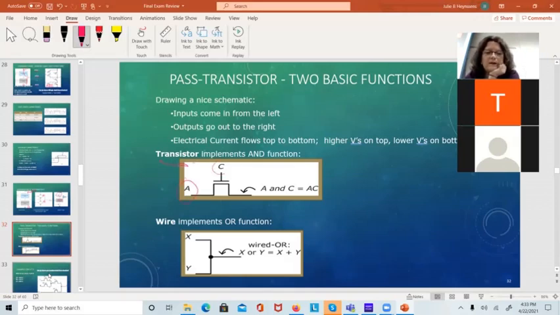What's on the drain and what's on the gate gets ANDed together, AC. It's not inverting. There's no bar on this. If I want to OR something, I just tie the 2 outputs together. It's called a wired OR. So can you draw circuits like this, and can you analyze circuits like that?